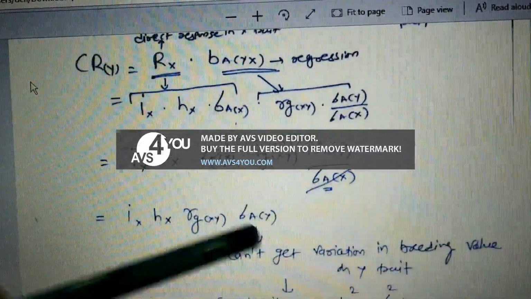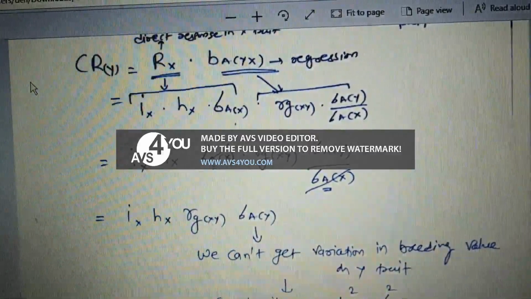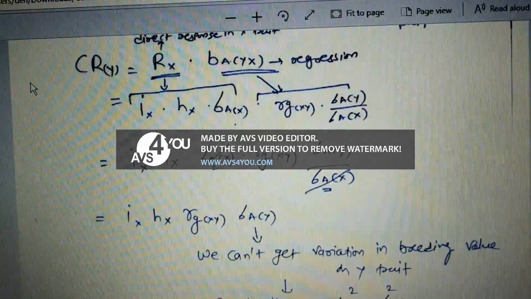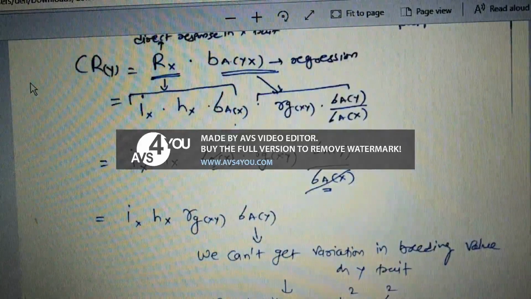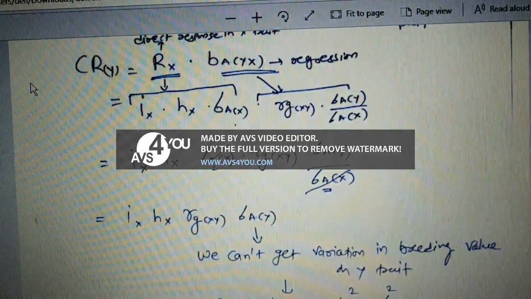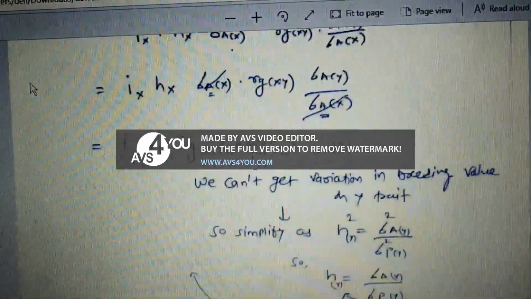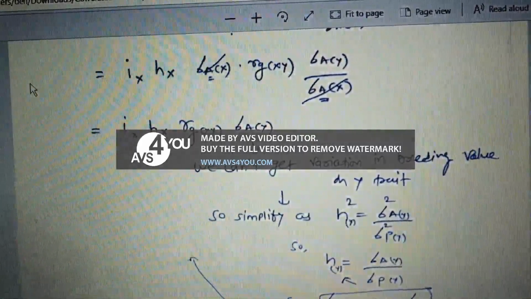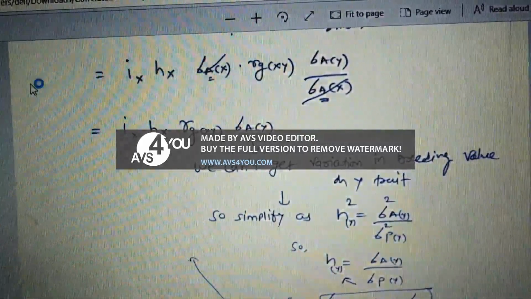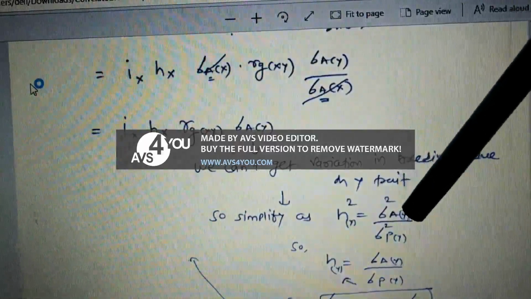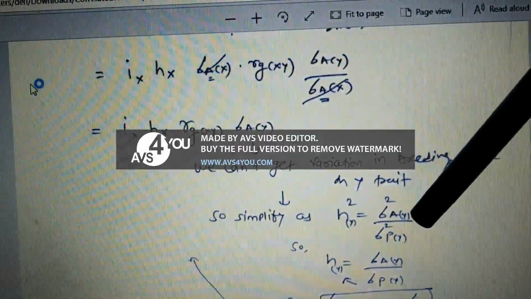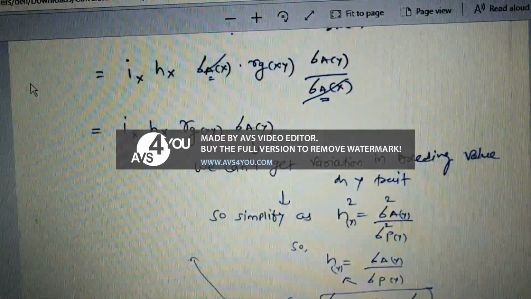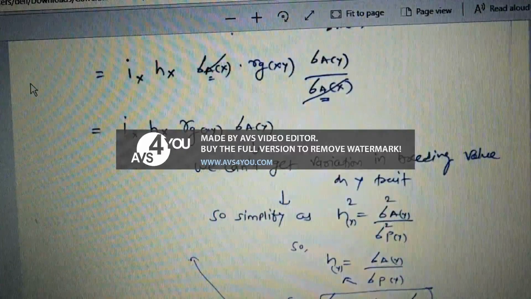But it is very difficult to estimate the breeding value for the Y trait because we are not applying any selection on the Y trait. So how can we find the breeding value for the Y trait? Again we have to modify this formula. Here we know h square, that is, the heritability for the Y trait, is equal to variance A divided by variance P, the ratio of additive genetic variance to phenotypic variance.